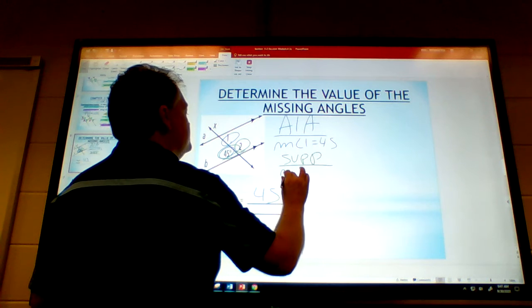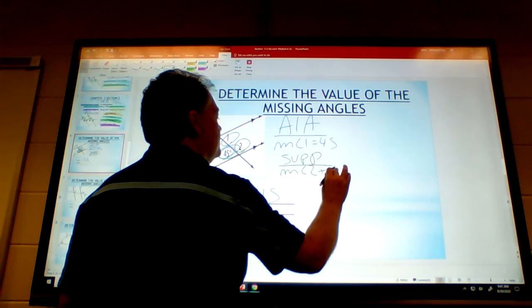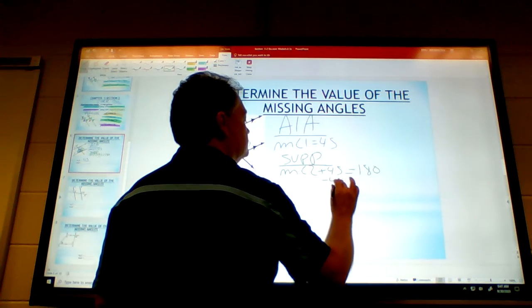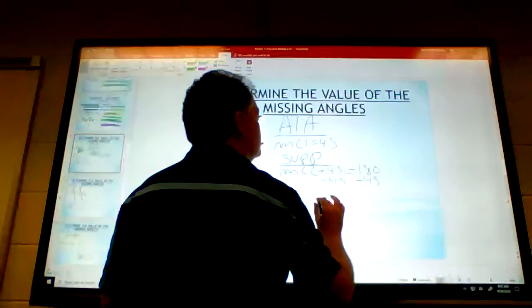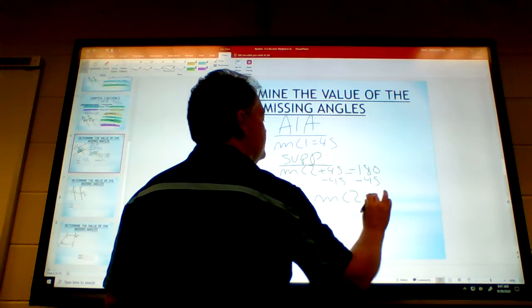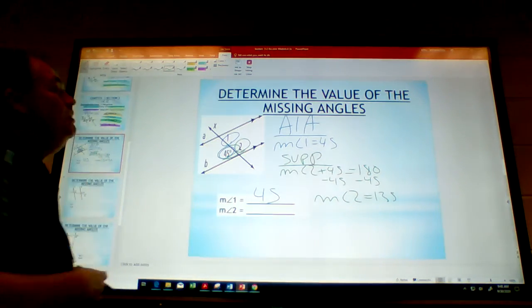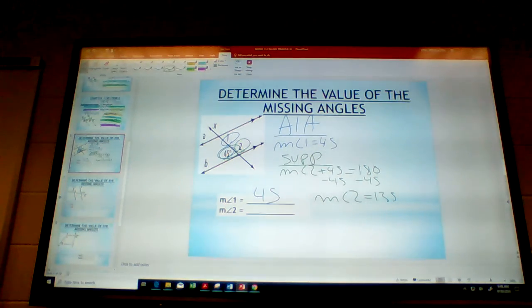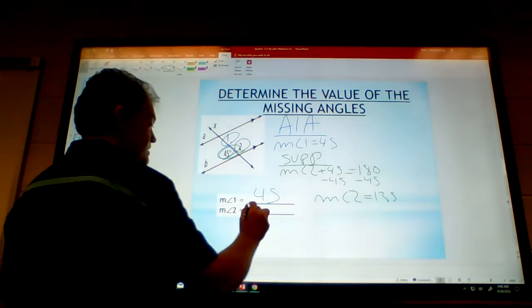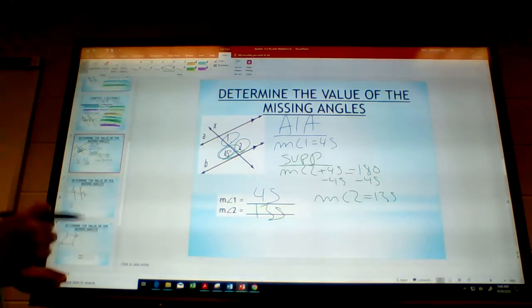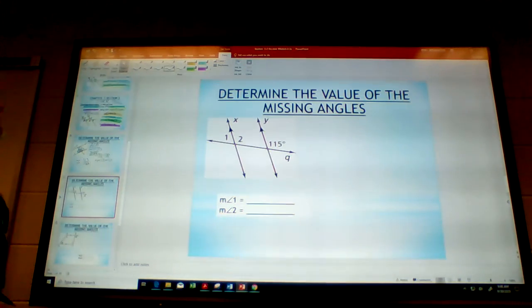So the measure of angle 2 plus 45 degrees equals 180 degrees, so the measure of angle 2 equals 135 degrees. We could also say 1 and 2 are same side interior, and they would be supplementary as well. So either way, we get the same result.